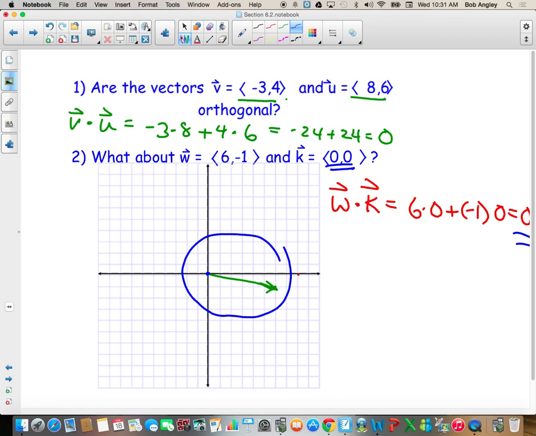In other words, one of the vectors is 0, 0, hence there is no angle. But we still refer to that as being orthogonal. In this case, though they're orthogonal, they're not making the right angle. The rest of the time, for them to be orthogonal, we really do have vectors, and the angle is 90. So that's the significance of that.